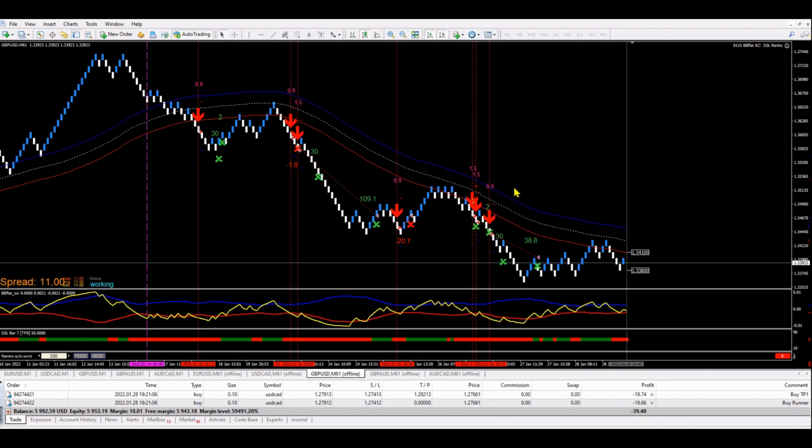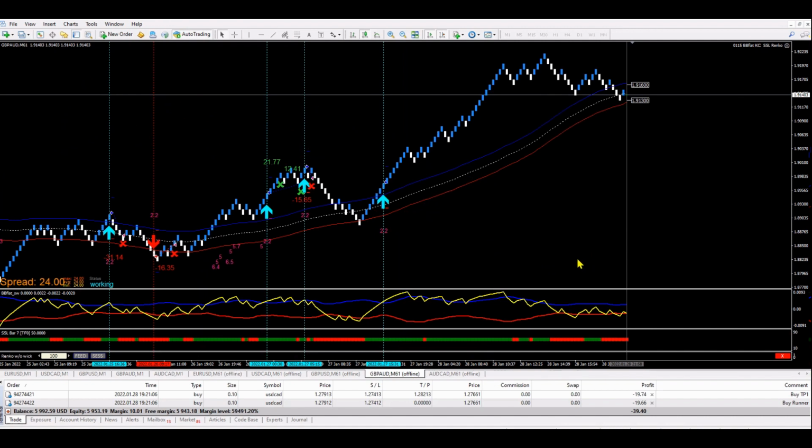I just want to give you an overview of the 5 pairs I trade. So this is Great Britain USD, or pound dollar. This one had a really nice trade. I'm going to go over that one too. This is Great Britain or pound Kiwi, Great Britain Aussie. Again, it looked like my longs were successful, but my shorts were not.